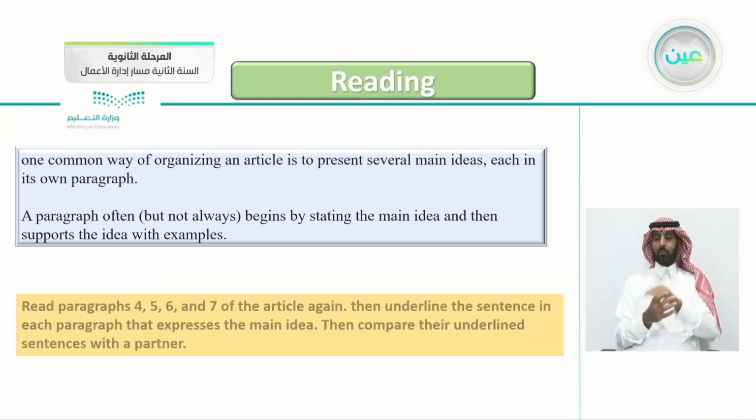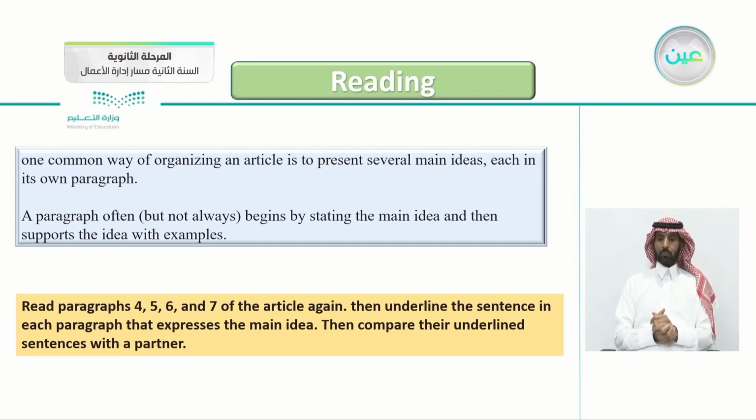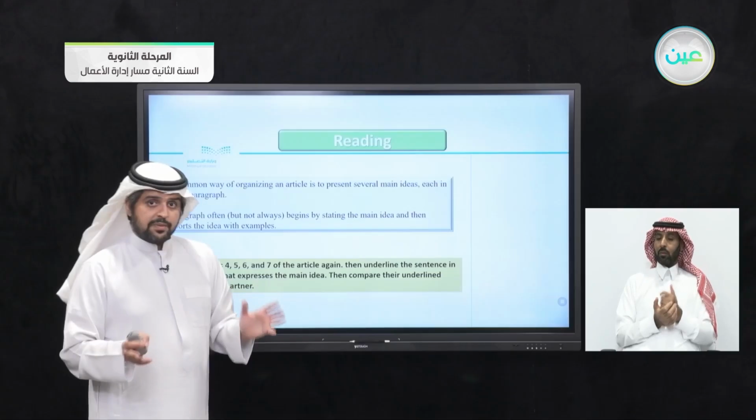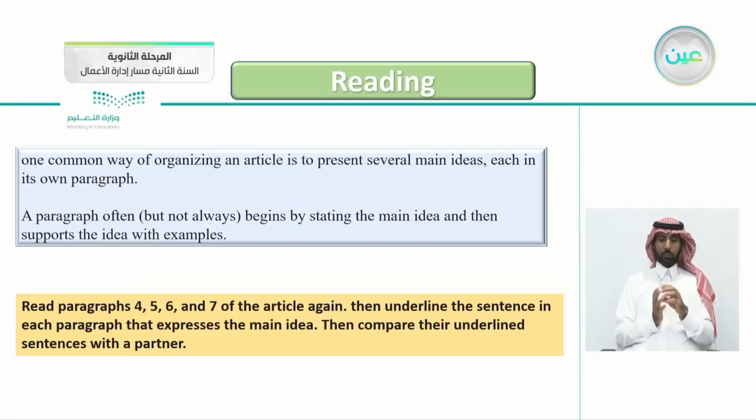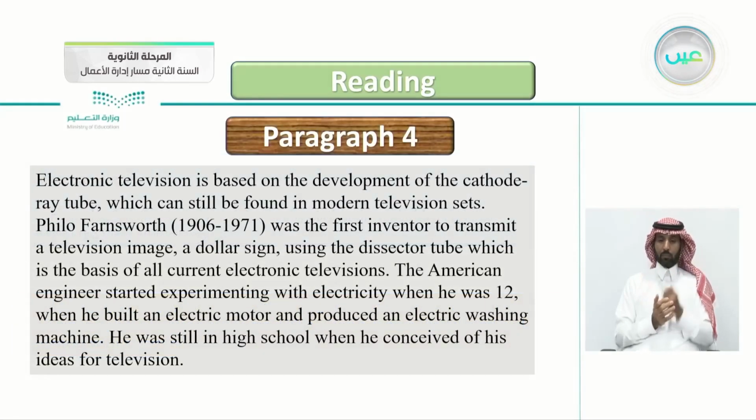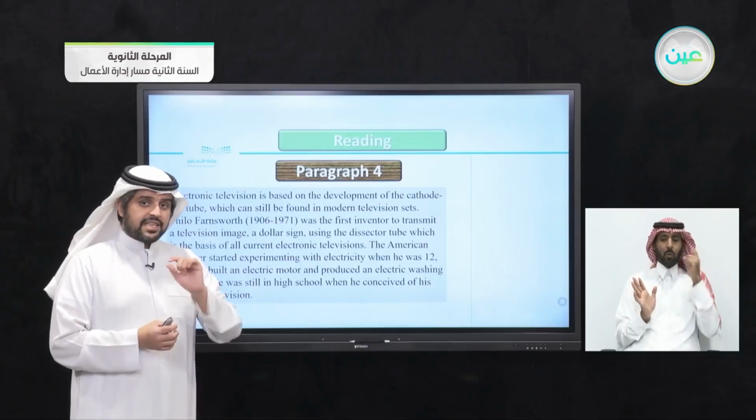Read paragraphs 4, 5, 6, and 7 of the article again, then underline the sentences in each paragraph that express the main idea. We'll be reading these paragraphs and seeing which sentence expresses the main idea, then compare our underlined sentences with a partner. So this is paragraph 4. Can you tell where the main idea sentence is?